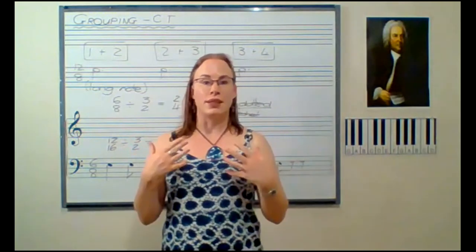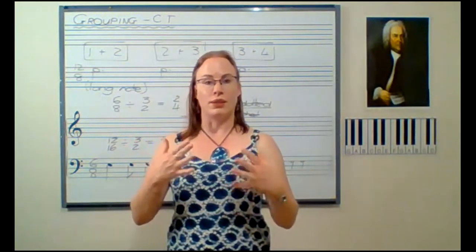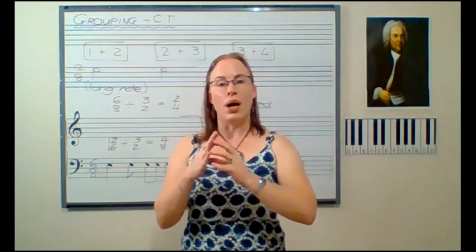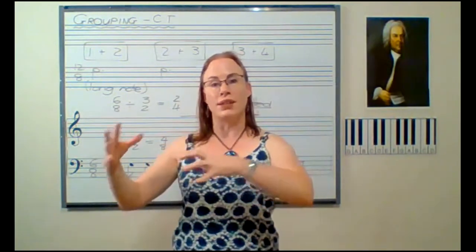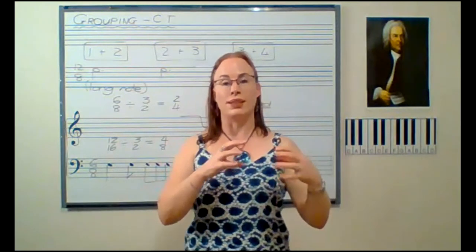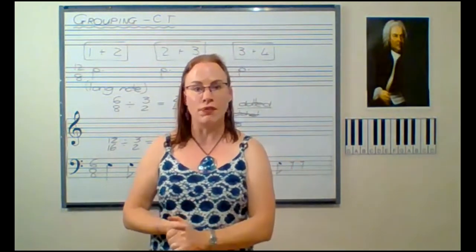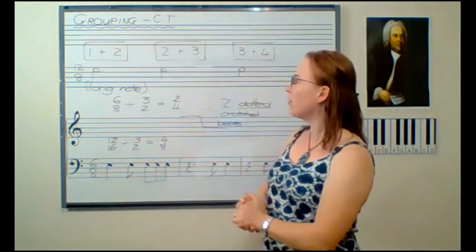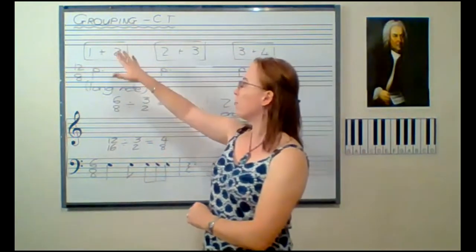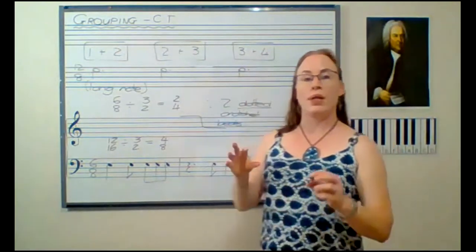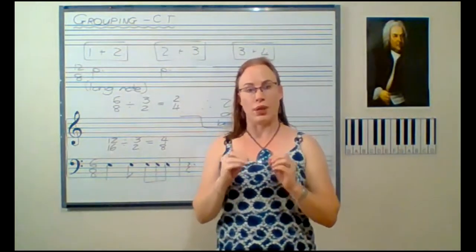When I did the video on simple time, I said I'm going to show you in this video how I'm going to apply the same rules that we used in simple time also in compound time. So let's just have a look at it. If we look at the grouping of beats 1 and 2, or 2 and 3, and 3 and 4, we can still group them together.